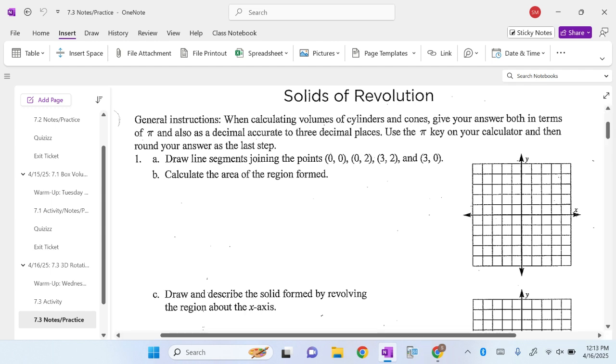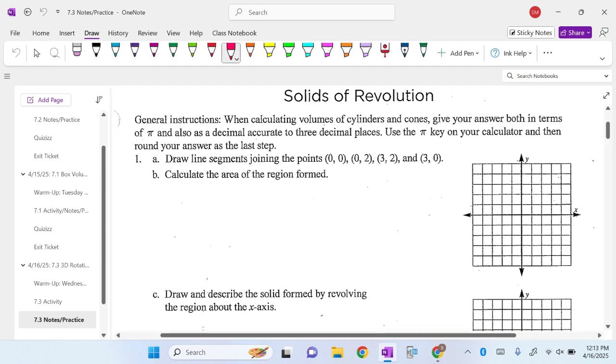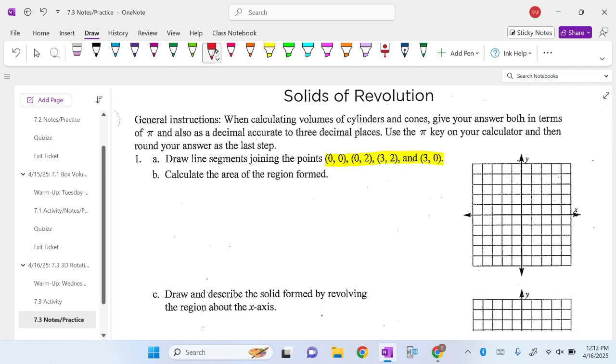So we're first going to draw line segments for these points. So take a minute, plot those points, and make the 2D figure.